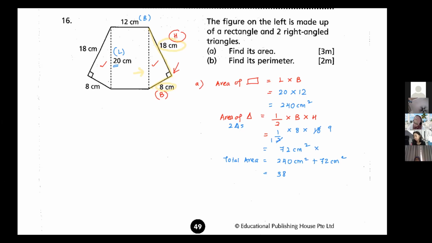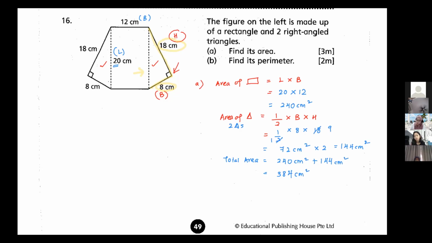So here must times 2, then here must plus another 72 cm squared. Or you can put the 72 times 2 first, and we have 144 cm squared. Then you put 144 here and your answer will be 384 centimeters squared.